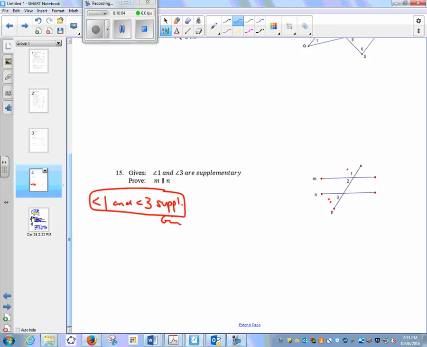Yeah. 1 and 2. How are 1 and 2 related? They're a linear pair, which makes them what to each other? Supplementary. So we could say angle 1 and angle 2 are supplementary by the linear pair postulate.